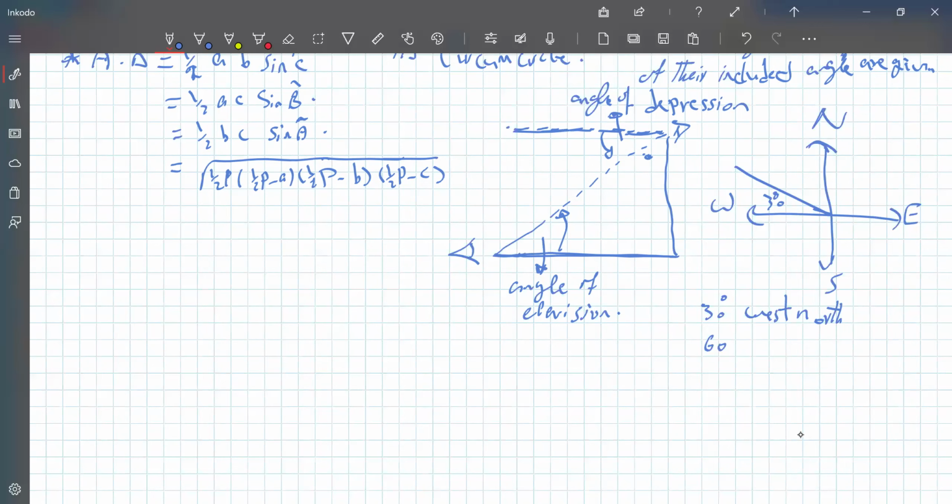6 degree east of, or the, or both of them, north.